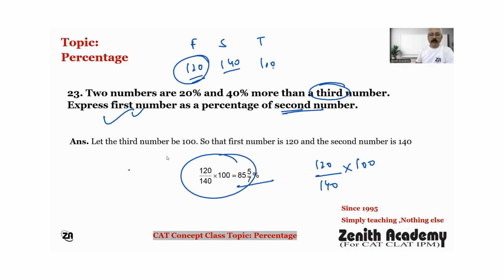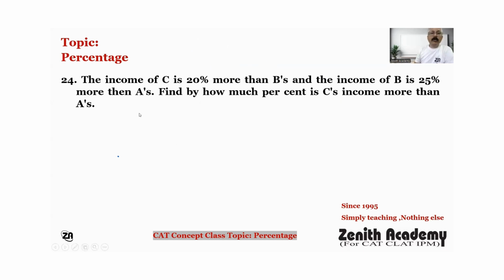Now see the next question. 24. Income of C is 20% more than B's, and the income of B is 25% more than A's. Find by how much percentage C's income is more than A's. So look here, C is 20% more than B. If B is 100, then C must be 120.